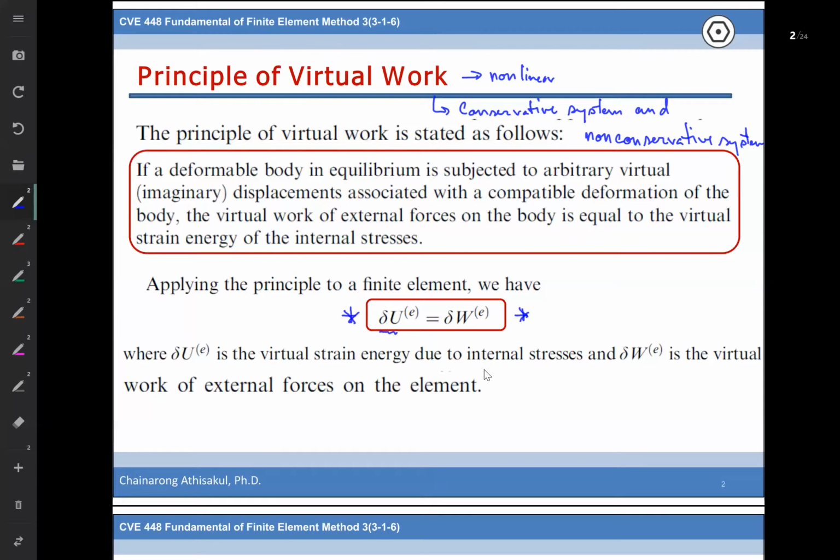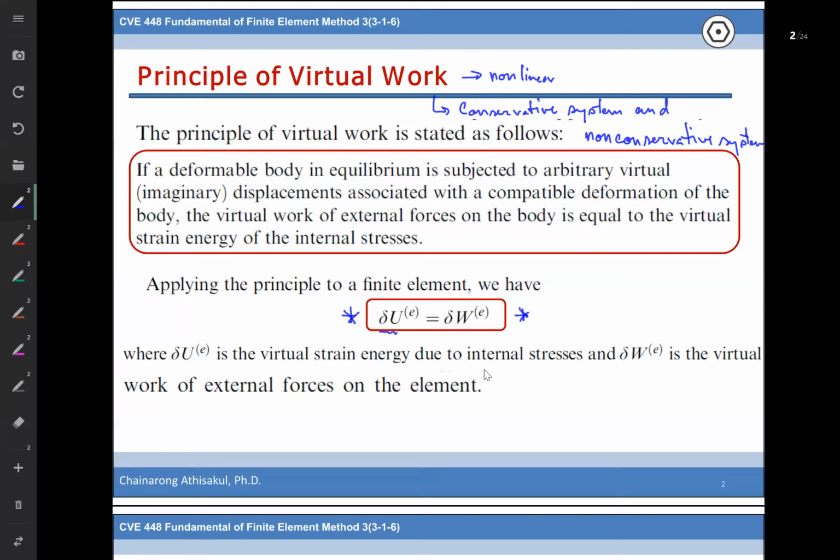It can be applied to solve every type of problem, both conservative and non-conservative. For the conservative system, we are talking only about conservative forces. But a non-conservative system may have a non-conservative force also. An example of a non-conservative force is the friction force.